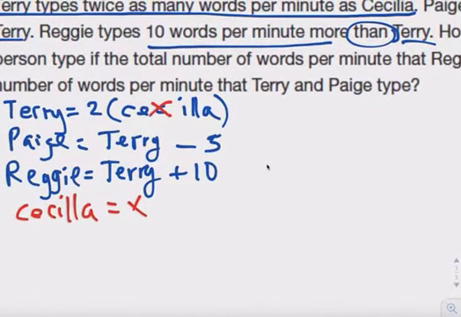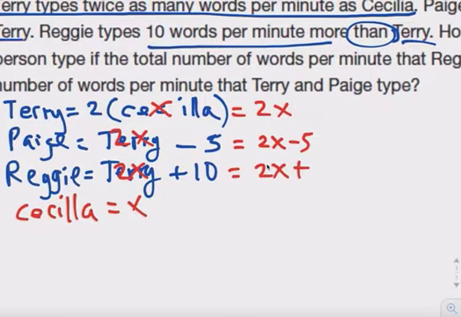So Cecilia gets X, so Terry is 2X. If Terry is 2X, you get 2X - 5 and 2X + 10.